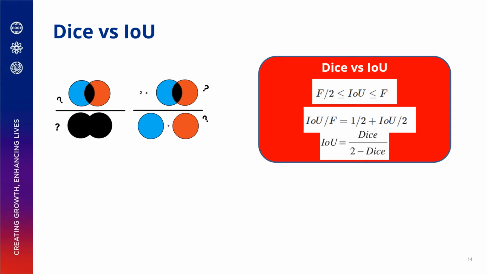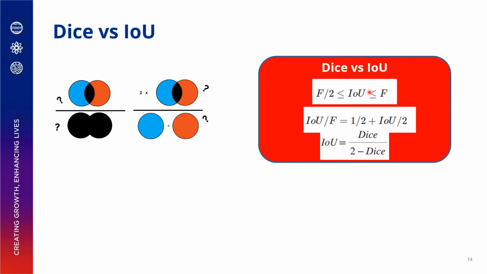Yes, indeed, these two are highly correlated, and in fact, not only are they correlated, they are deterministic. What I mean by that is that your intersection over union will always lie between half of the dice value and the full dice value. If you get perfect results, your IOU will be 1 and your dice will be 1.